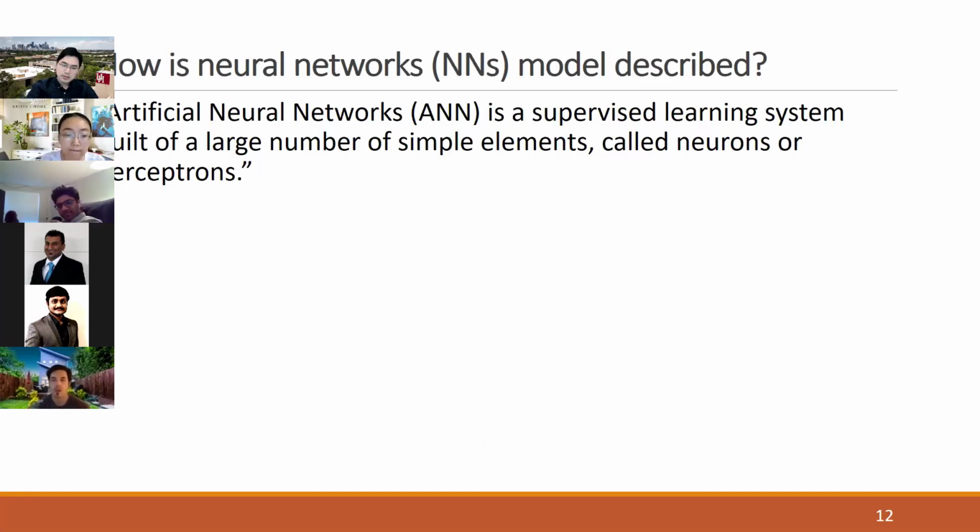Let's do a quick read of how neural networks are described. You probably have read a lot about neural networks elsewhere before coming to this class, and this is what I do whenever I see a news or maybe a discussion or an article about neural networks.